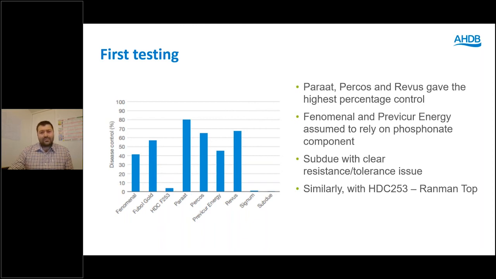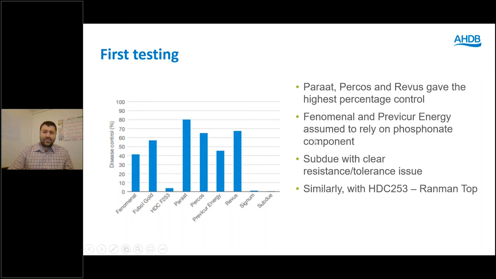The key messages from the first testing were that Paraat, dimethomorph, Revus, and Percos were the key products that we have in our armory, and those were the ones that we then built our programs on in 2018 and also included in the fact sheets going forward.